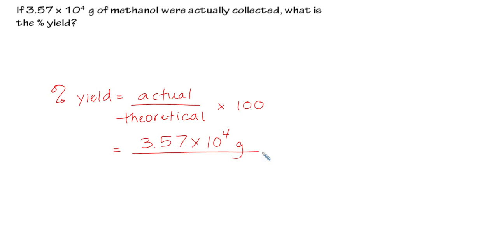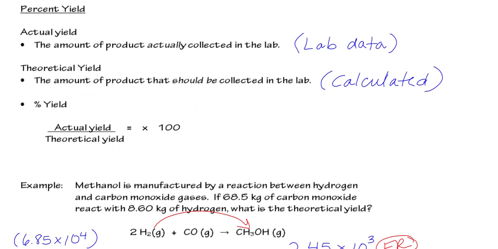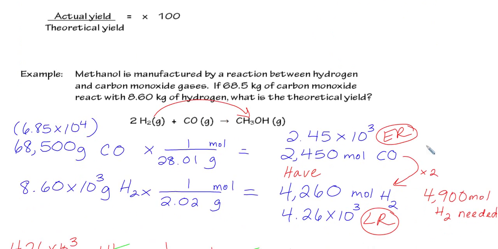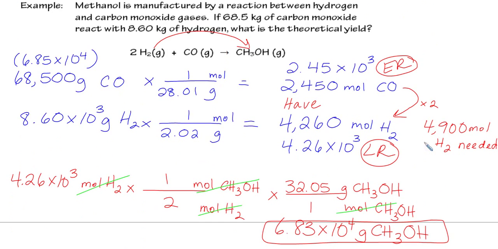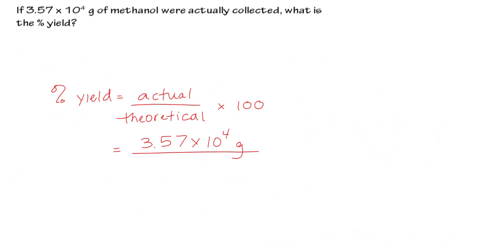And then we'll divide that by our theoretical, which I should probably go look up one more time, make sure I get it right. Theoretical, 6.83 times 10 to the fourth. We'll multiply her by 100. And then for sig figs, we'll just go back to whatever matches our data. We'll leave 3 sig figs here.